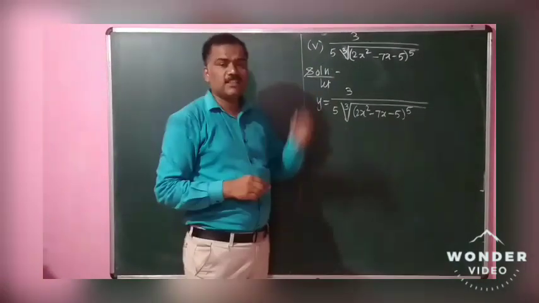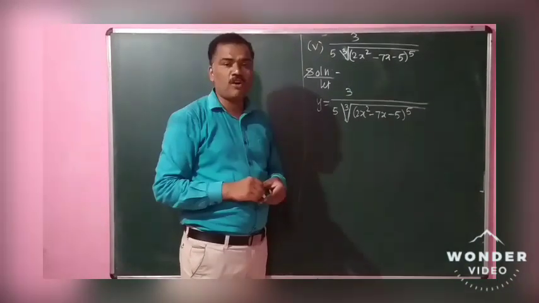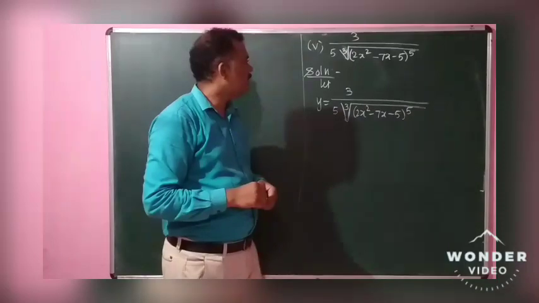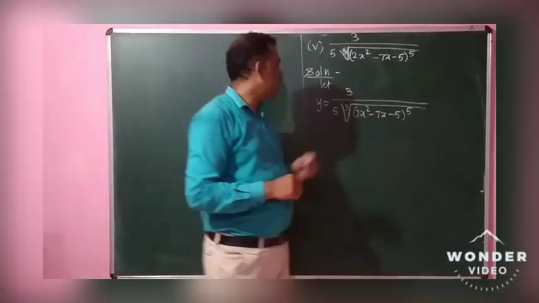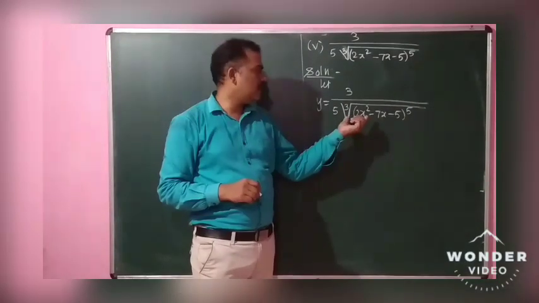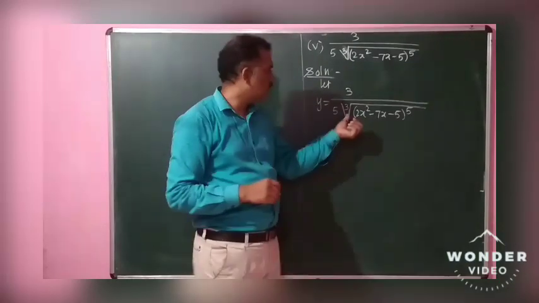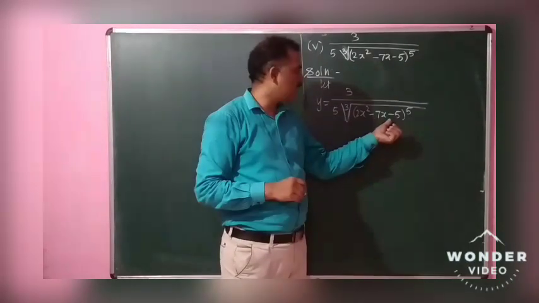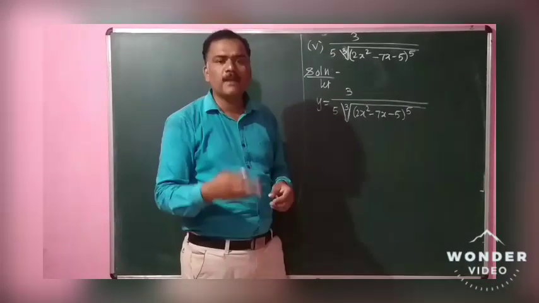Now we have to discuss the fifth example, 3 divided by 5 into the cube root of 2x square minus 7x minus 5, raised to 5. Solution, let y is equal to the given example, we can write as it is. Now we have to express this term, the cube root of 2x square minus 7x minus 5 raised to 5, in terms of power.